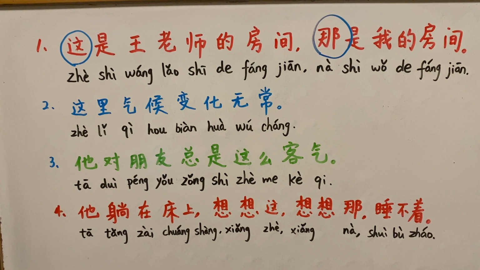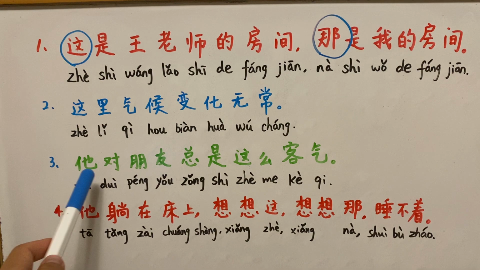So you should be aware of the syntax of Chinese. It's a little different from English. When you translate this sentence into English, you have to say he is always 总是, he is always this polite, 客气 polite, to 对, to his friends, 对朋友.